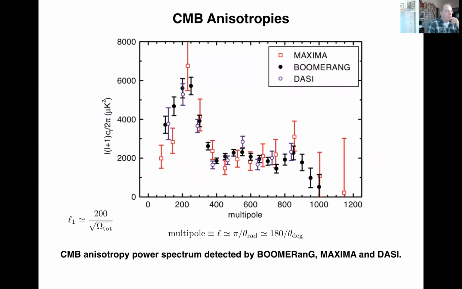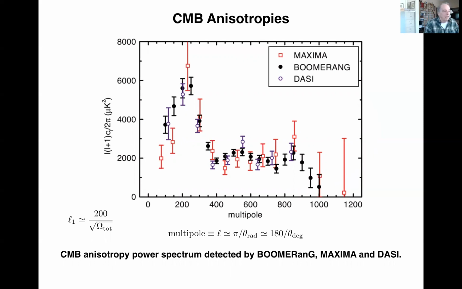These are called multipoles, and they're sort of inverse to degrees. As you can see, I've indicated that just below the diagram here. The multipole L, that's a technical term as to how these angular arguments are done mathematically, but they're essentially inverse degrees.